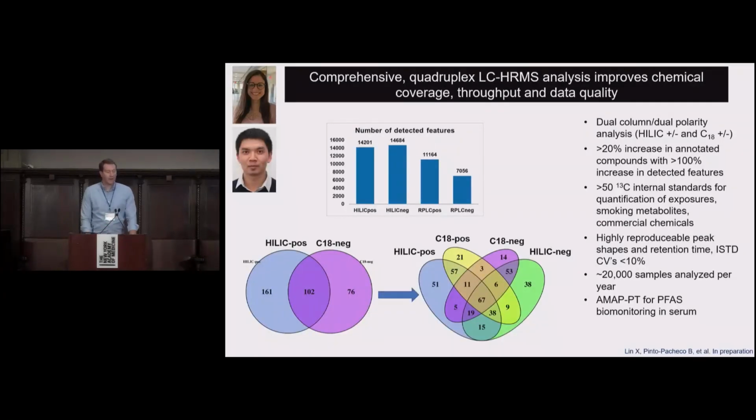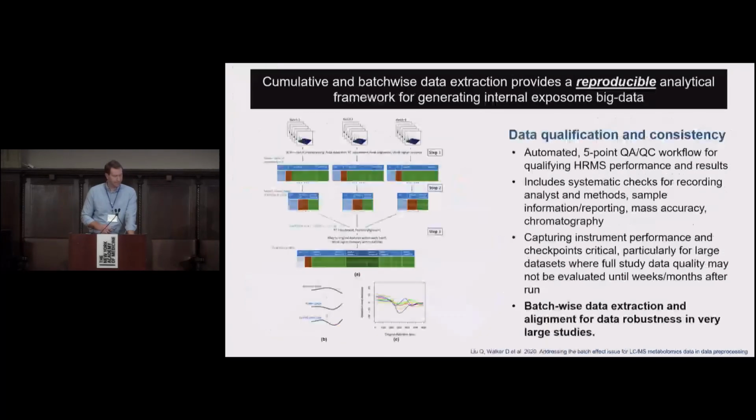And we've also done this in a background that allows us to apply comprehensive methods that really improve our ability to characterize chemical coverage. Now, every sample on the LC is being run using 4 different methods, and this allows us to detect many other exposome molecules as well as endogenous metabolites.